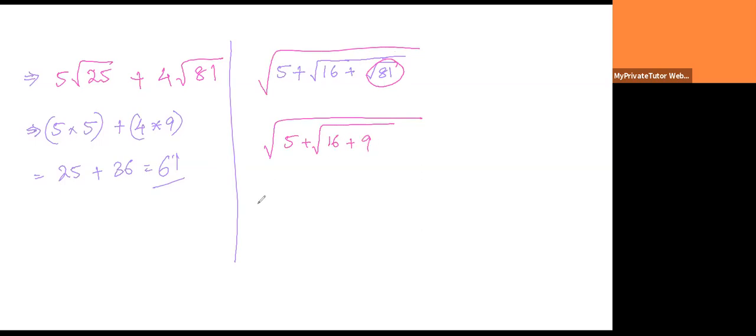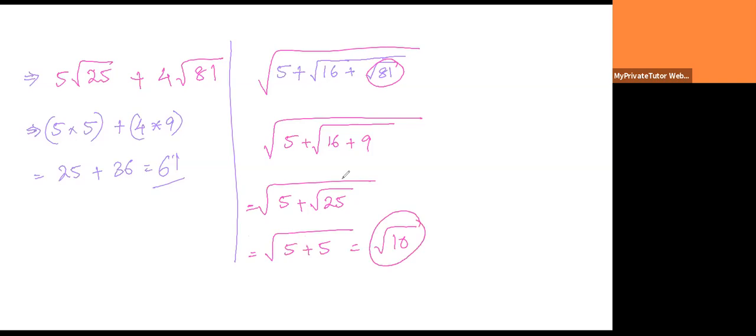So 9. And then square root of 5 plus square root of 25. You know that square root of 25 is 5. So square root of 5 plus 5, which is square root 10. So the final answer is this one.